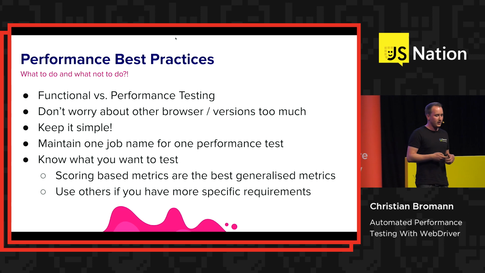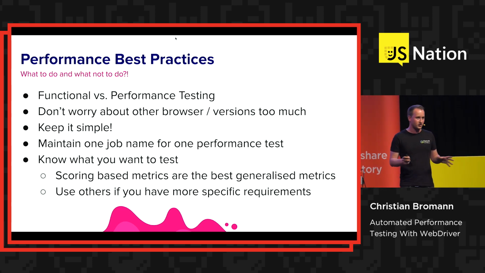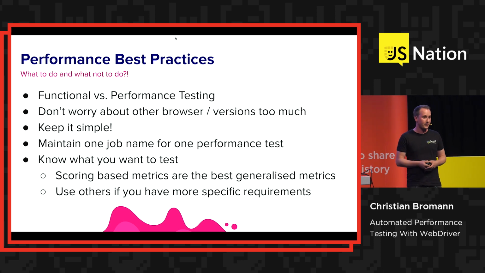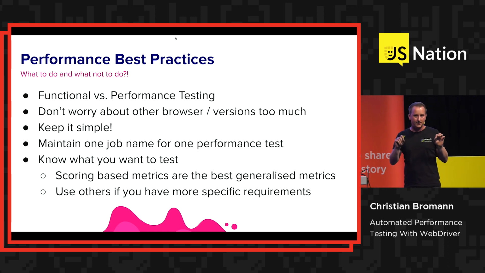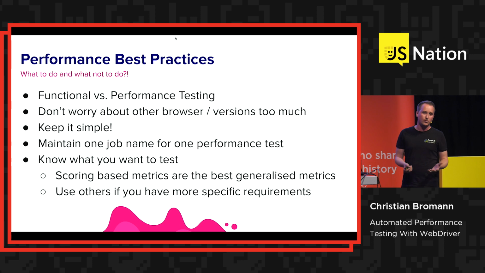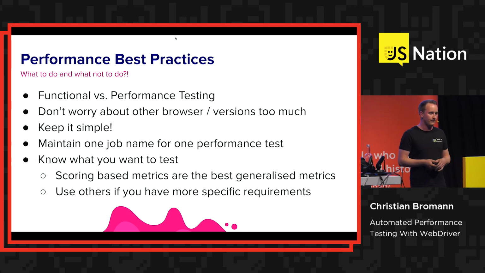And you need to know what you want to test. The Lighthouse performance score is a great general metric that gives you a lot of insights about the performance of your app. But if you're an e-commerce shop that really cares about users engaging with the search bar as quickly as possible, you might also want to look into the first contentful paint.